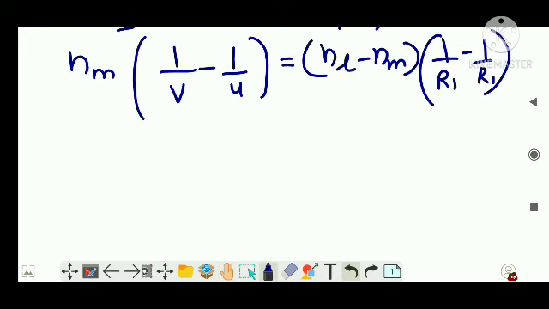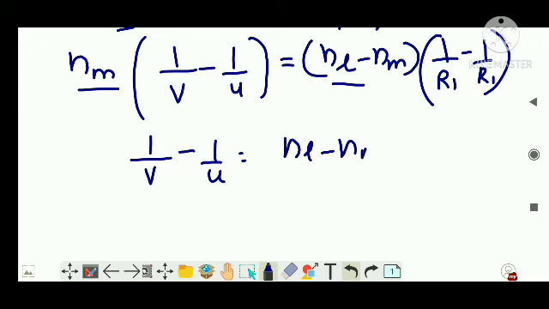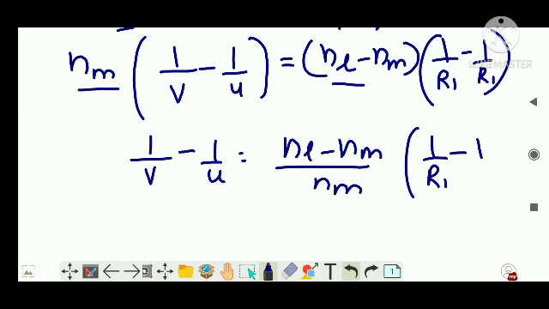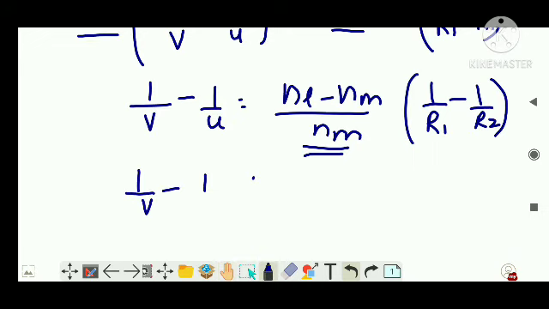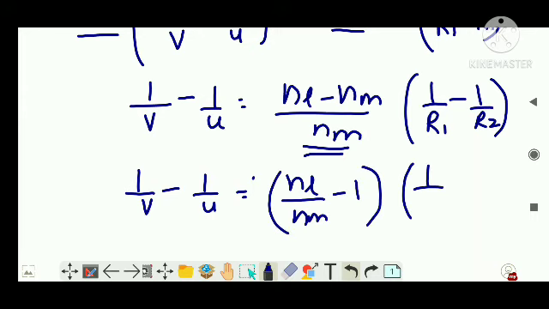This is just maths. I'm going to bring NM downwards, so it becomes 1 by V minus 1 by U is equal to NL minus NM by NM times 1 by R1 minus 1 by R2. Now distributing NM to each term, it becomes 1 by V minus 1 by U is equal to NL by NM minus 1, times 1 by R1 minus 1 by R2.